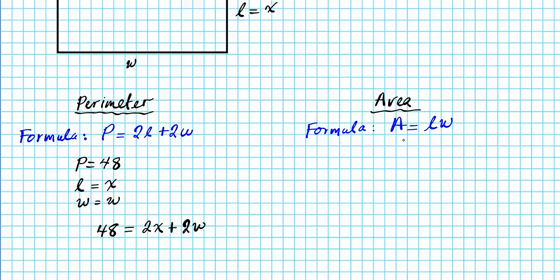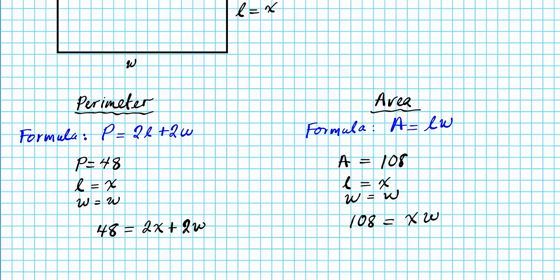Now let's take a look at the area situation. We are told in this problem that the area is equal to 108. The length is X and the width is just W. Putting these values into the formula, we have the area, which is 108, equals the length X times the width, XW.